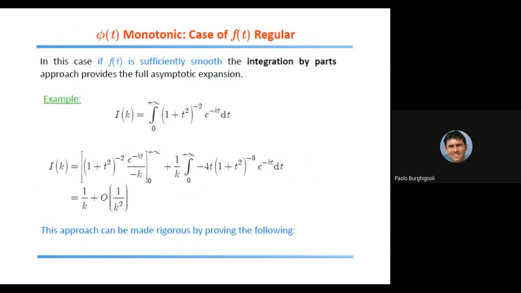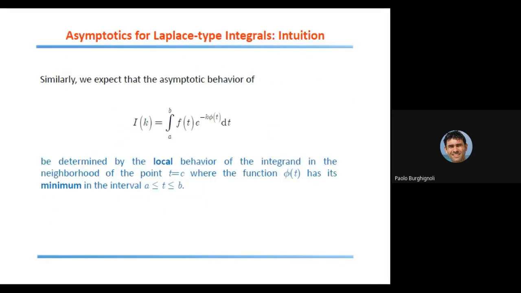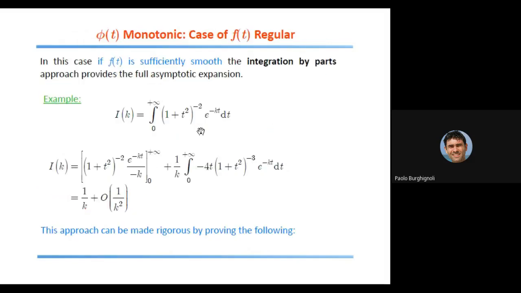The simplest case we may find under the assumption that phi is monotonic is the case when the function f, which I remind you is the function that multiplies the exponential function in the integrand, is a smooth function.